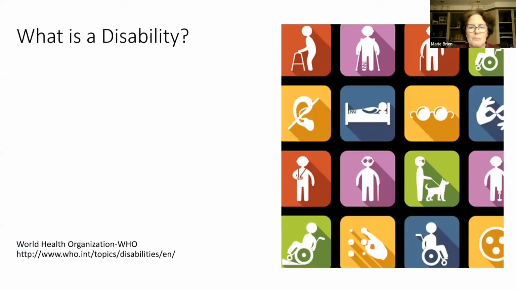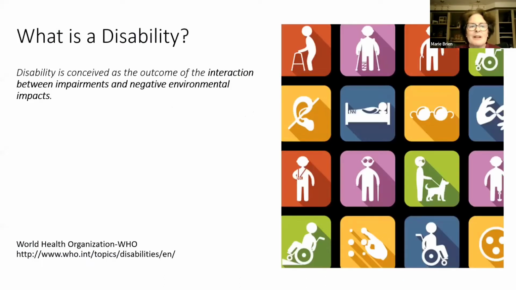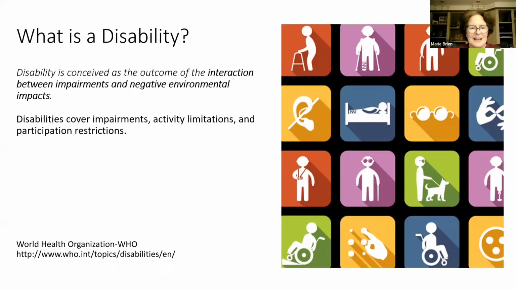So what is a disability? Well, a disability is really the interaction between the impairments and the environment, as I mentioned earlier. And disabilities can cover impairments, which were our body structure and function. They can be activity limitations, and they can also be participation restrictions.